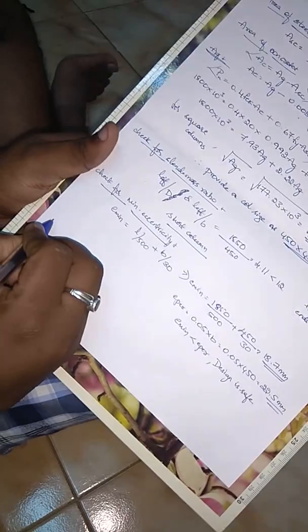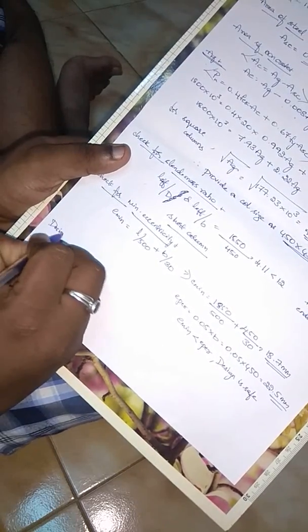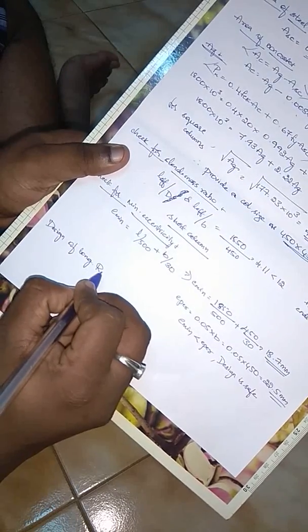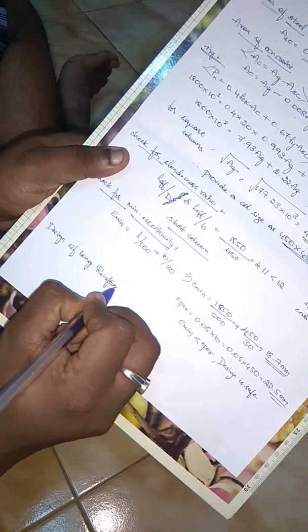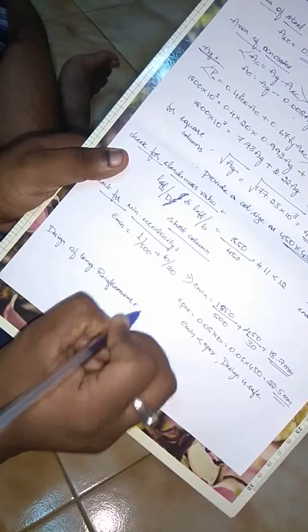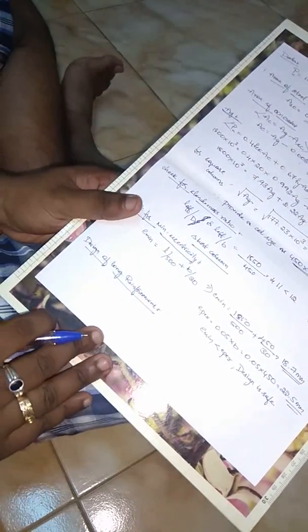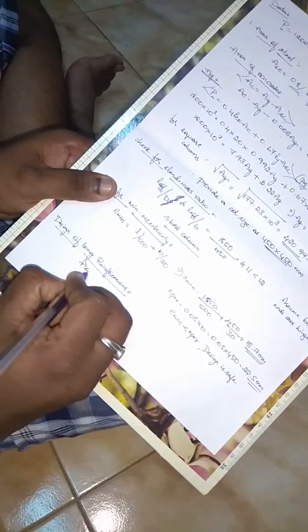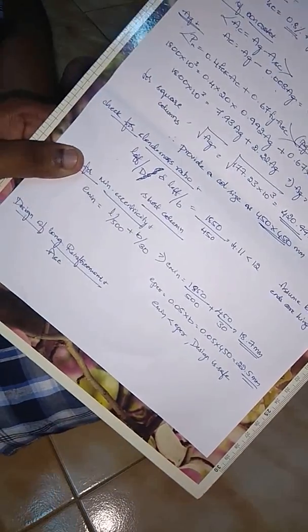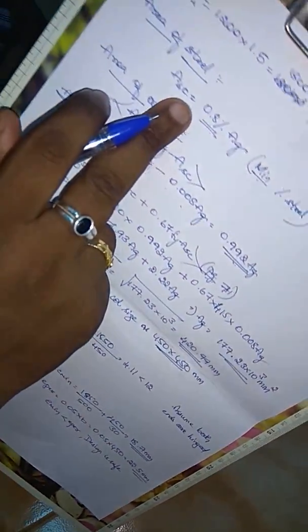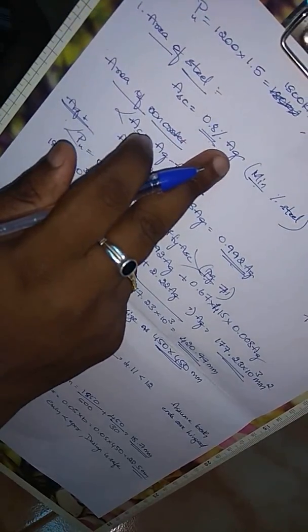Next we'll go for design of longitudinal reinforcement. Asc we have already assumed it is 0.8% of Ag.